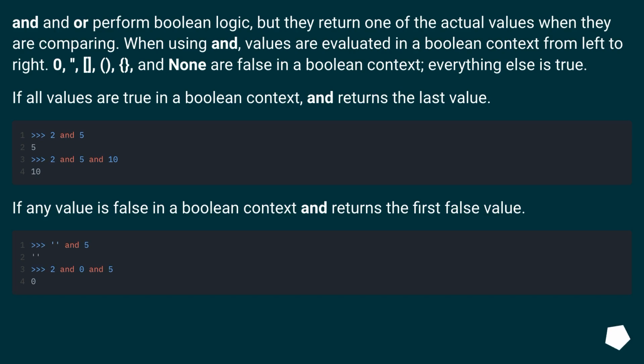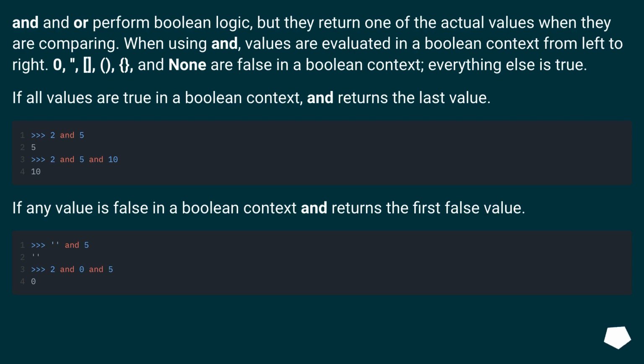To know what's truthy and falsy, check Patrick Haugh's answer. AND and OR perform Boolean logic, but they return one of the actual values when they are comparing. When using AND, values are evaluated in a Boolean context from left to right. 0, '', [], (), {}, and None are false in a Boolean context, everything else is true.